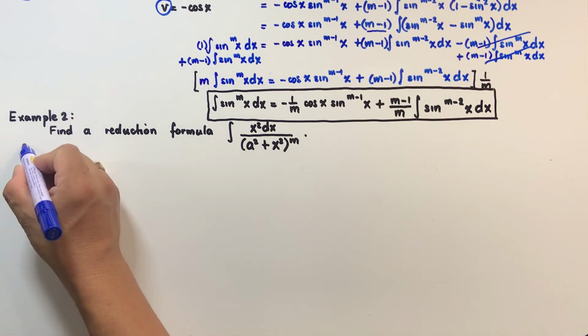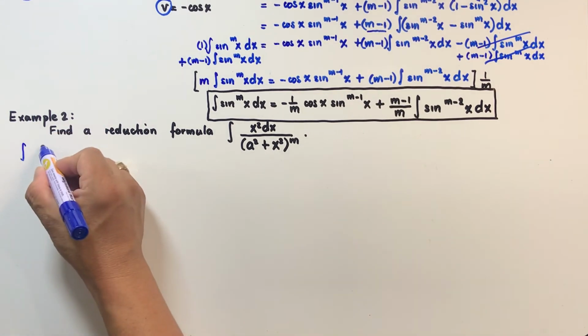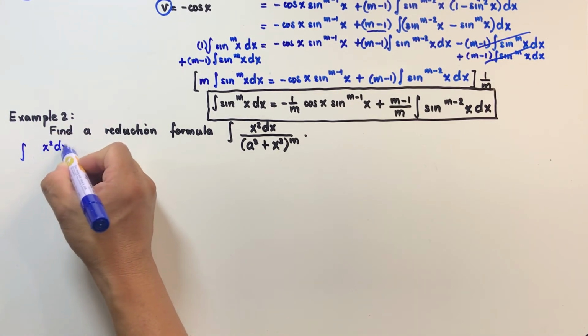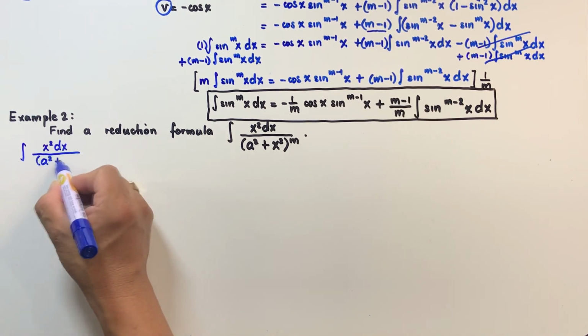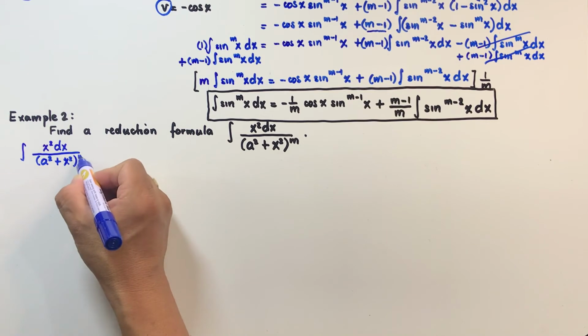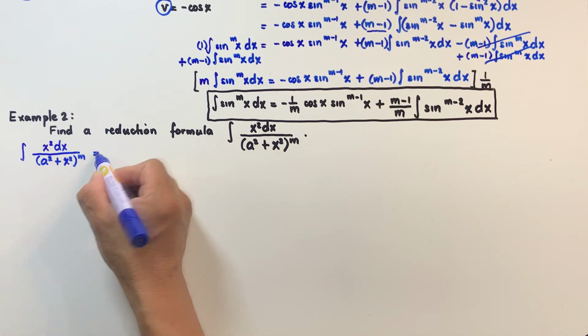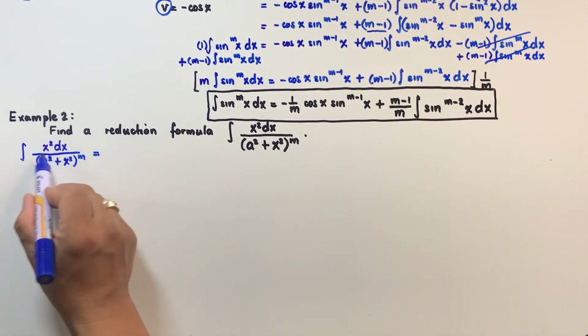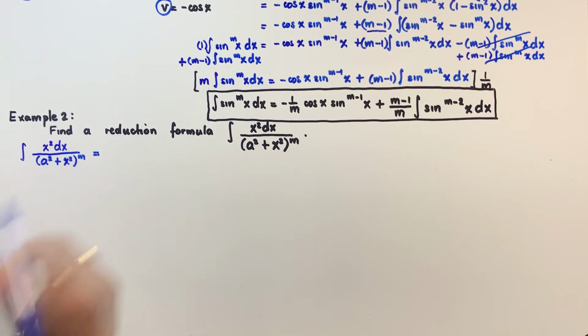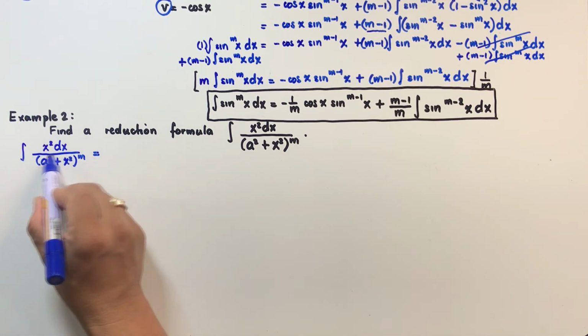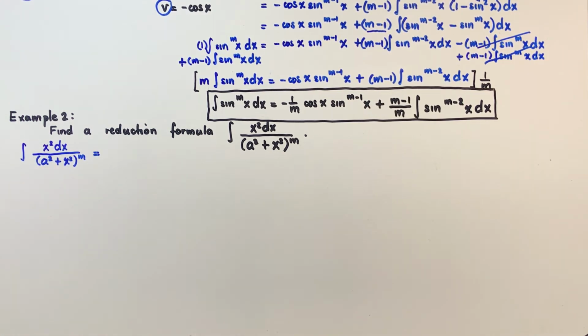To solve this, we realize that the numerator is not the differential of the denominator, because the differential of a squared plus x squared will only involve x dx.